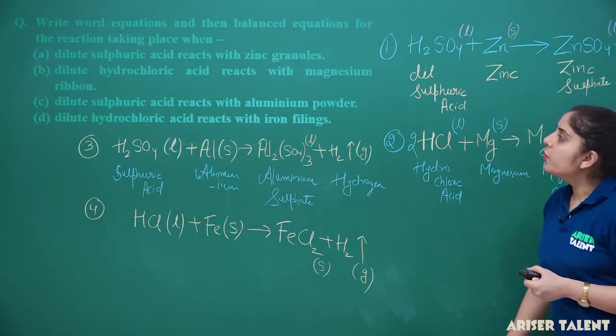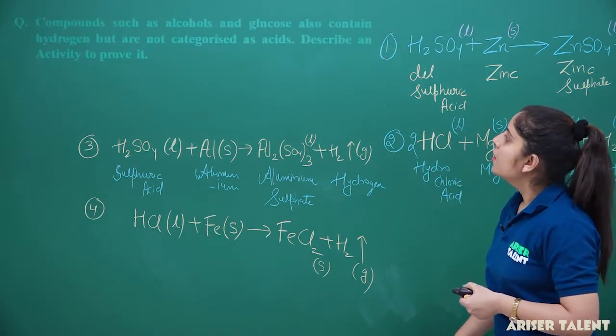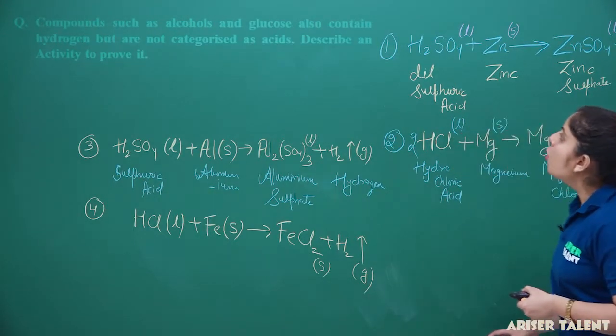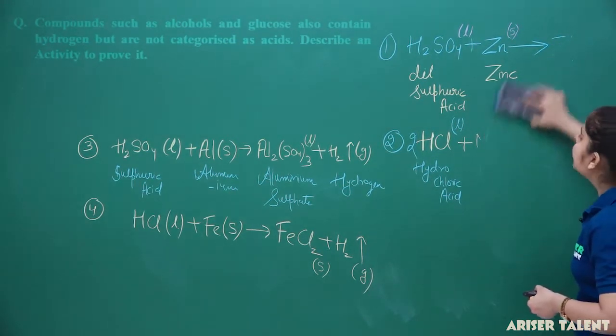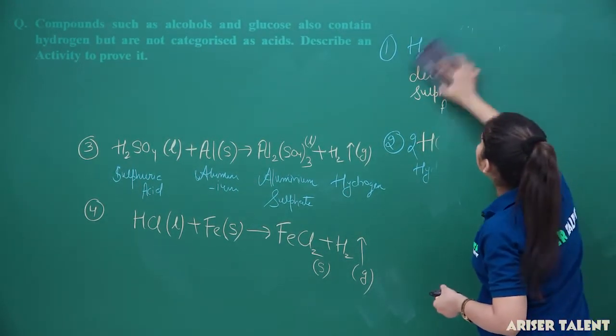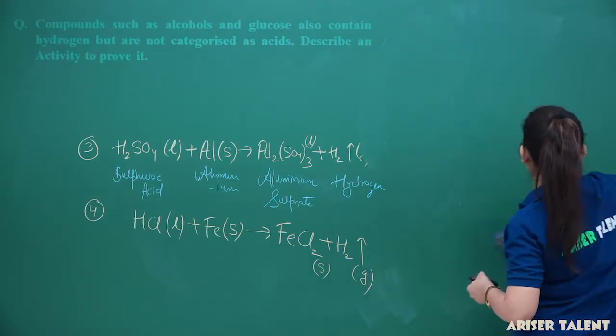Now we are moving to our next question. Compounds such as alcohols and glucose also contain hydrogen but are not categorized as acids. Describe an activity to prove it.